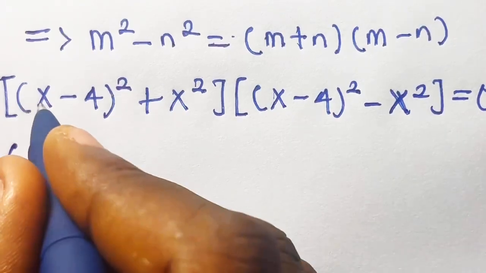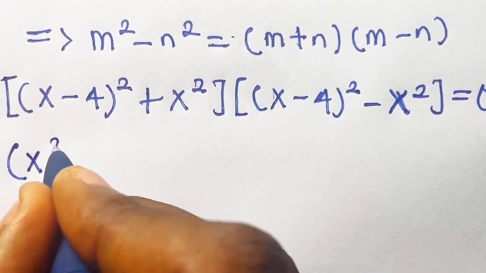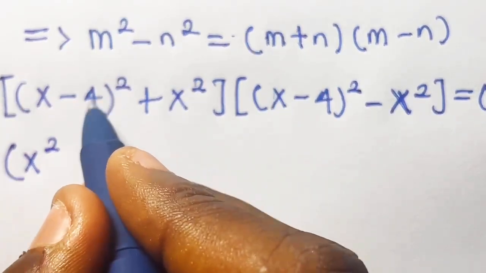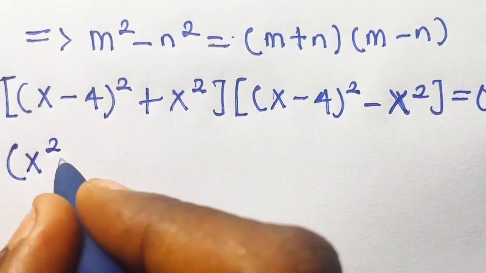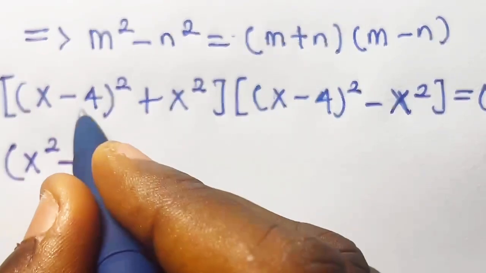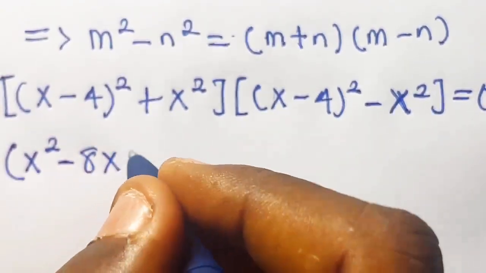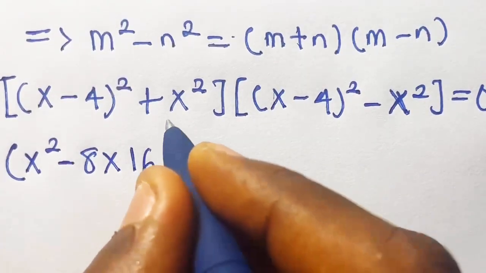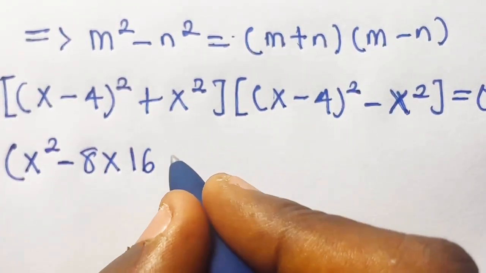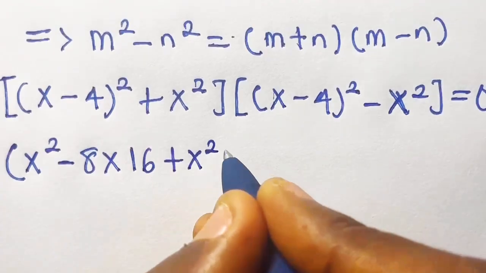This will be x^2, then we have 2 times 4 times x, so that is minus 8x, then plus 4 squared, which is 16. We also have this being added to x^2.